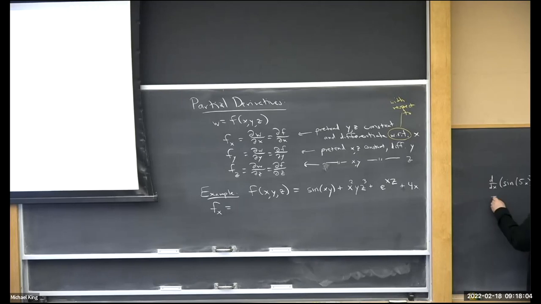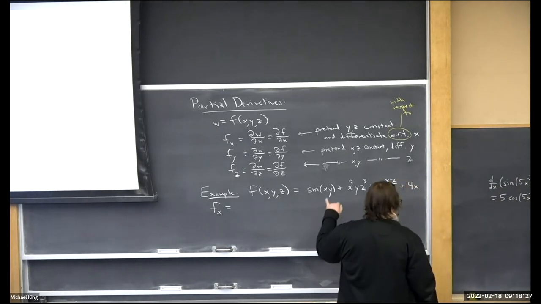You guys remember this? The sine becomes a cosine, and it's a chain rule, right? You differentiate the sine, that turns into a cosine, and then you differentiate the 5x, and that pops out a factor of 5. So sine 5x becomes cosine 5x, but you have to differentiate the inside. Familiar? Okay.